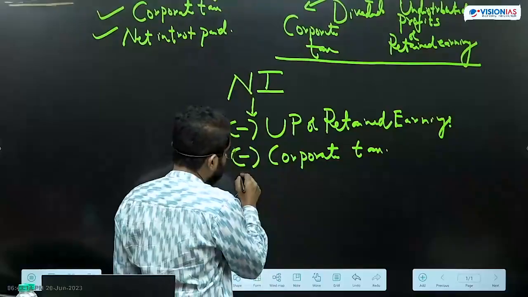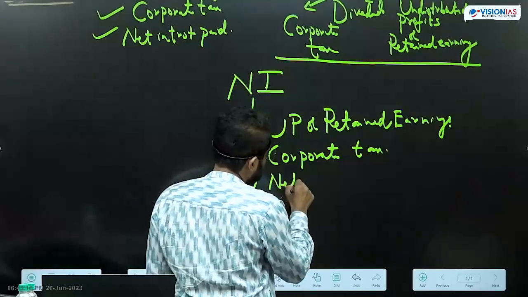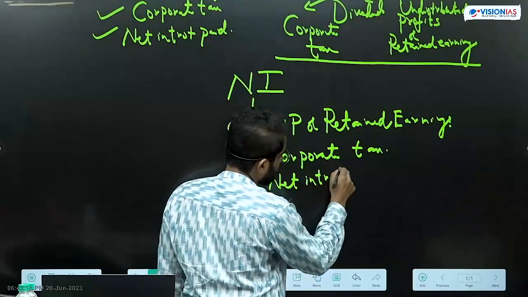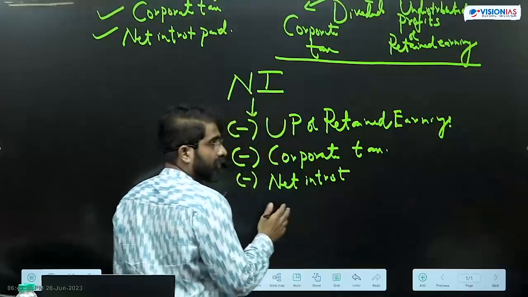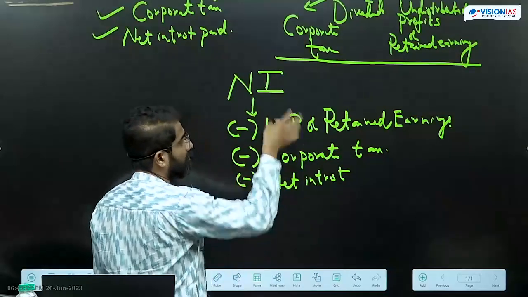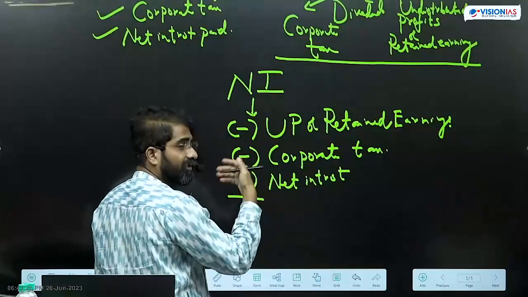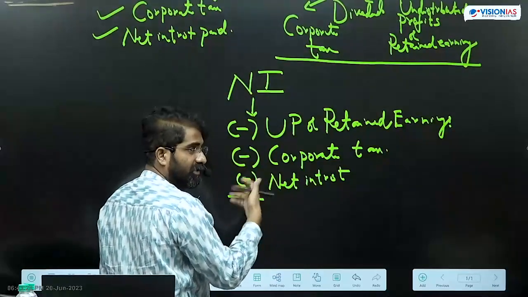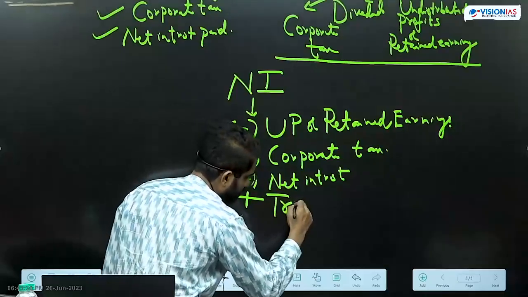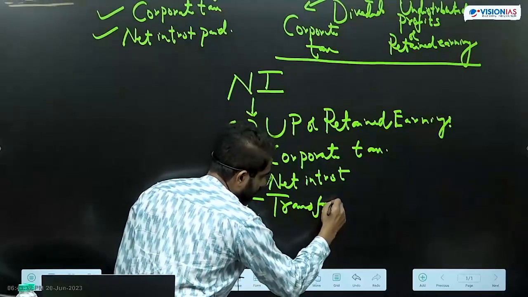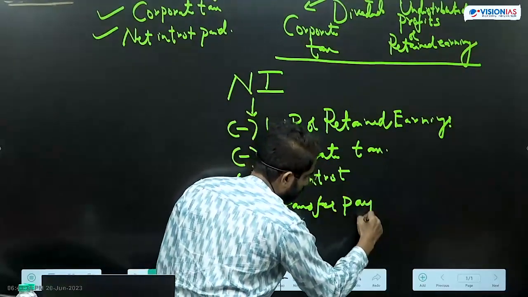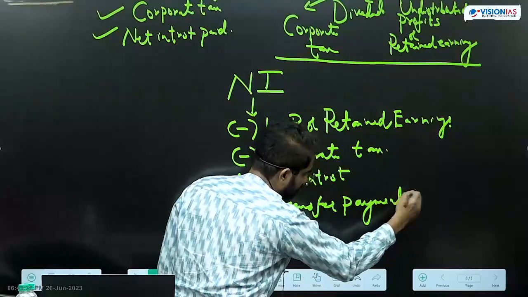I also have to subtract the net interest. Then something that is not part of the national income but becomes part of the personal income has to be added. What is that? That is nothing but the transfer payments. I hope it is clear till here.